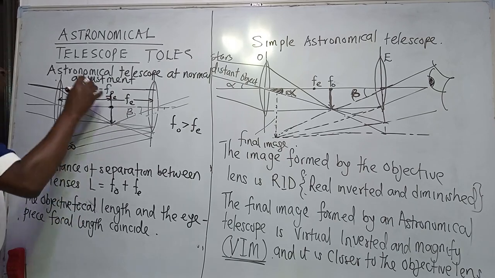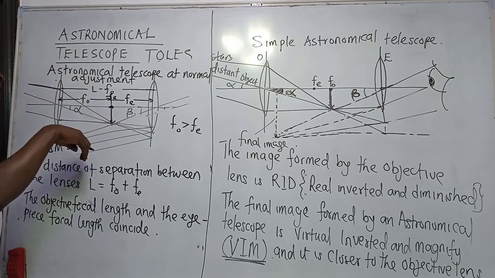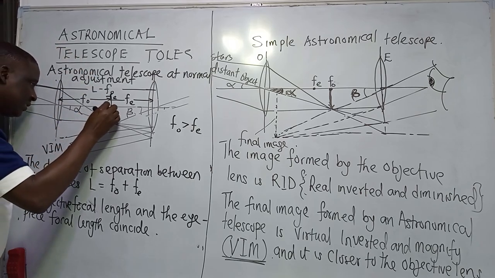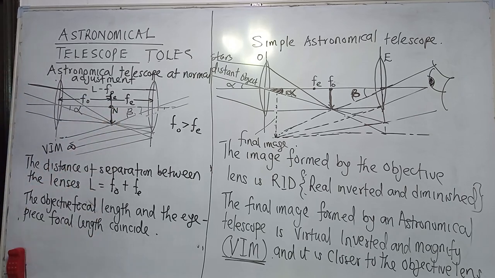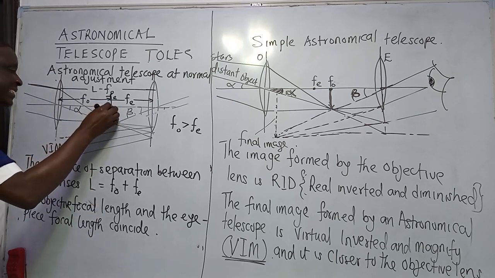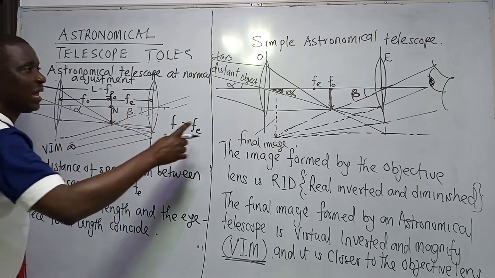So at this point, let's say point N, the objective focal point is at that point and the eyepiece focal point is also at this point. In this case, the image is not formed like before but is sent to infinity.